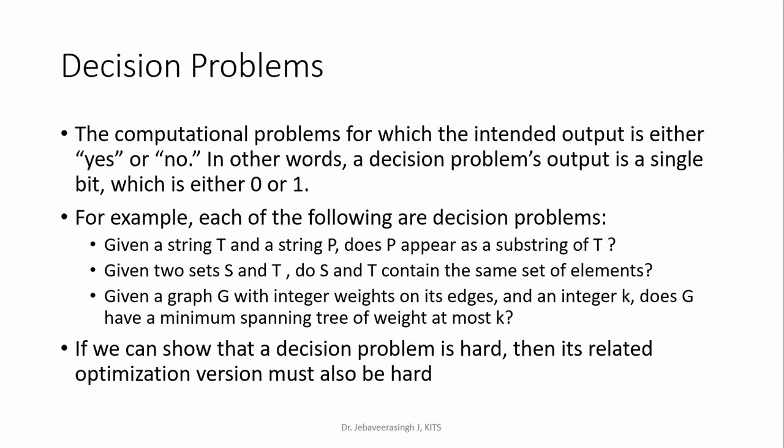If you look at the third example, given a graph G with integer weights on its edges, meaning a weighted graph, and an integer k, does G have a minimum spanning tree of weight at most k? This is talking about the minimum spanning tree.